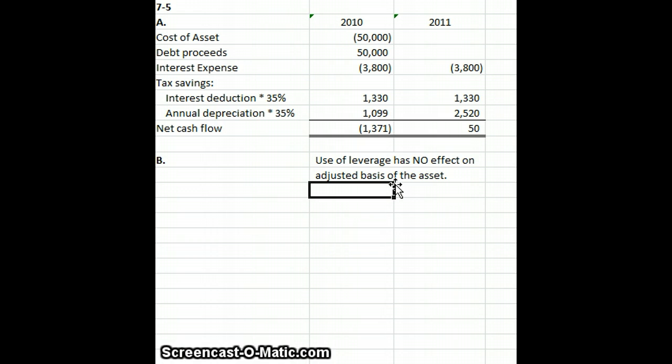It's still going to be the cost minus our depreciation that we take each year. Okay, it does affect our cash flow. So this is again some basic determinations of using the cost of assets, our basis, and determining our bases and our cash flows.